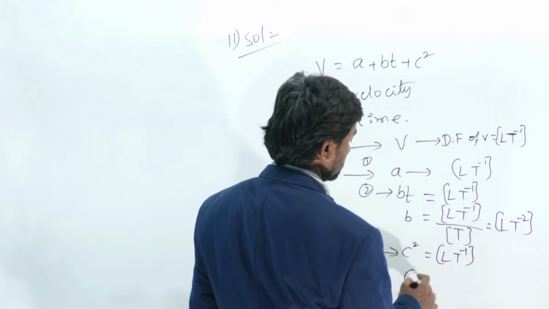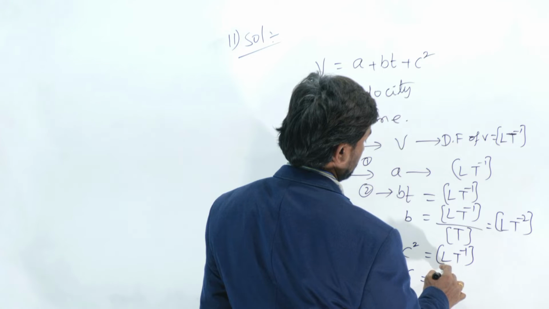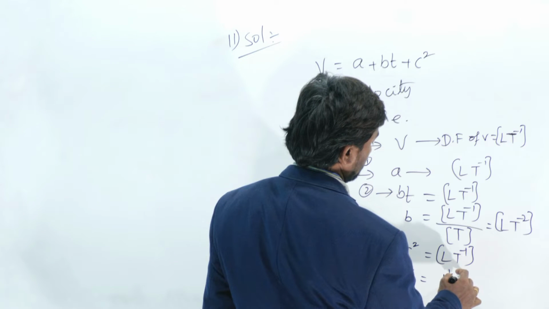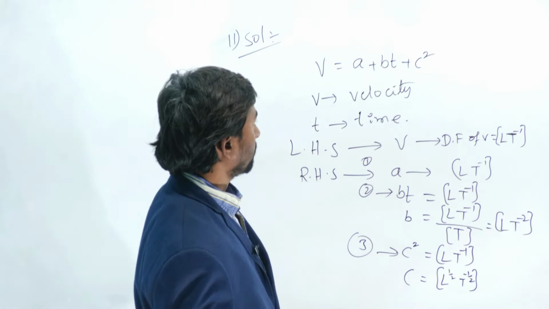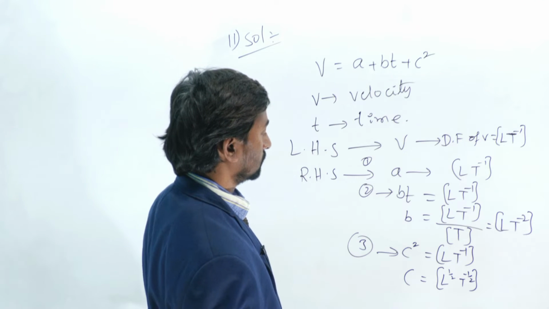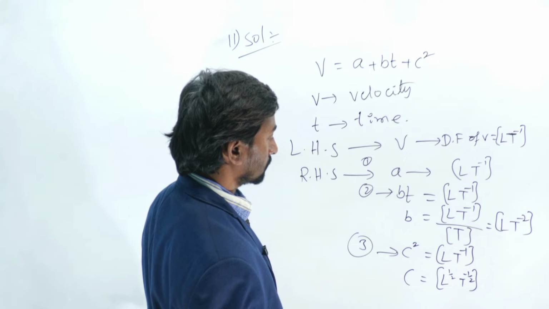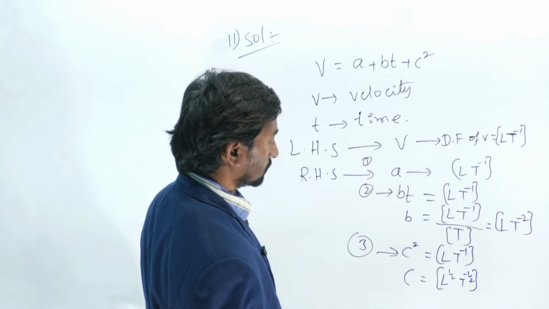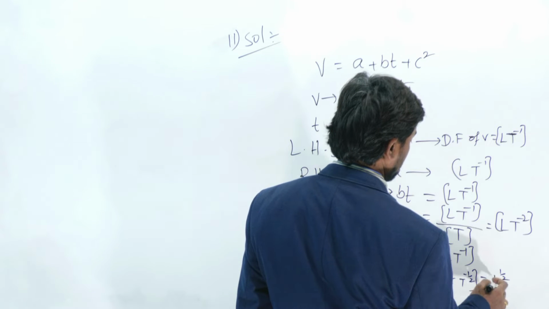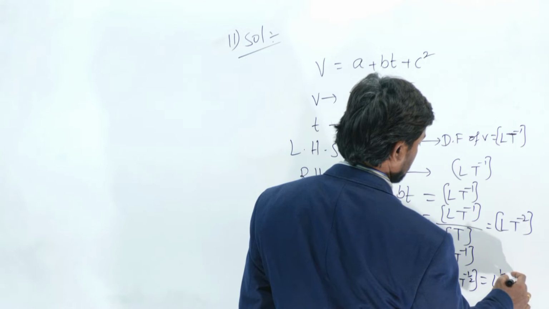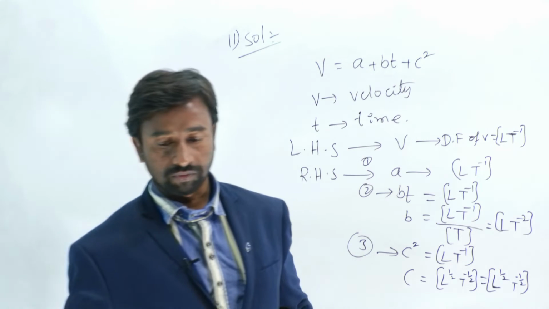C is equals to L power 1 by 2 and t power minus 1 by 2 will get here.